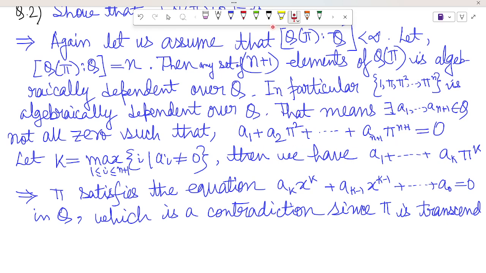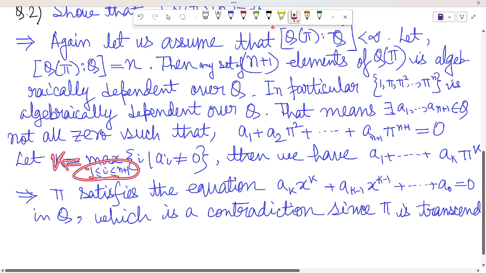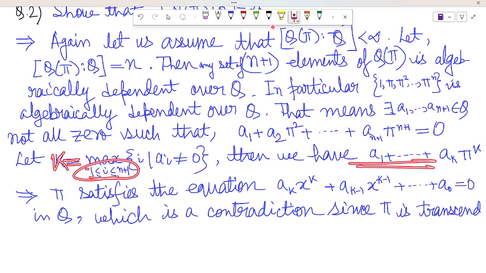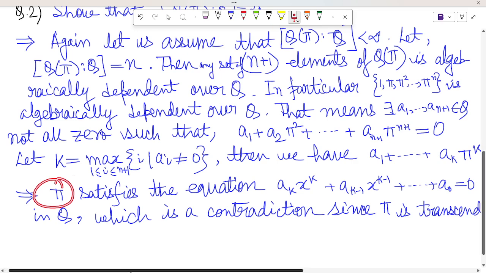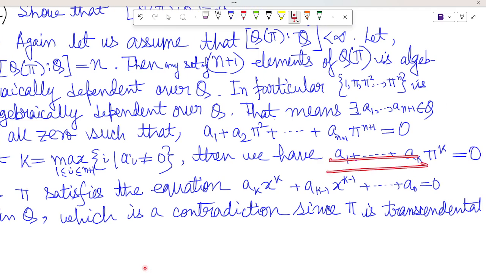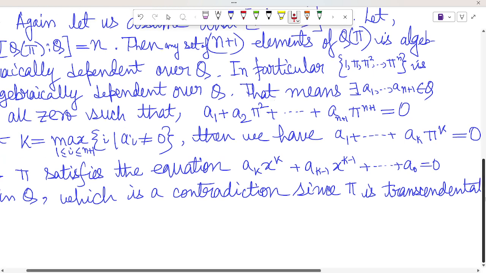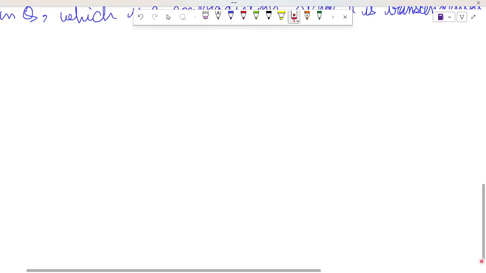Now I assumed k to be this, which implies that pi satisfies this equation, but pi is a transcendental number. So how is it possible? That is the contradiction here. I think you understand. If there is any problem, please let me know.